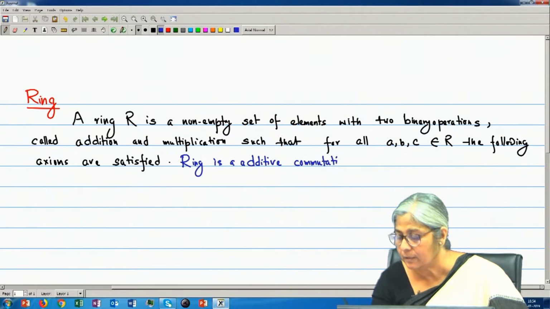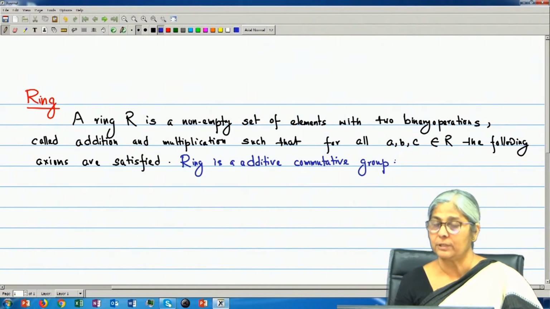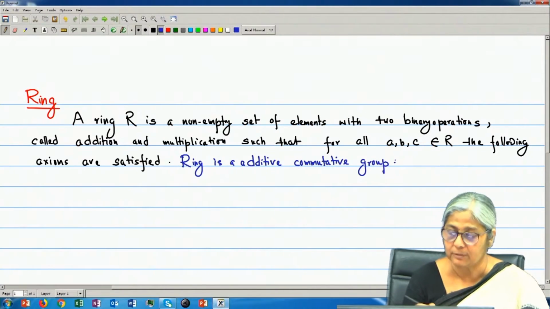Obviously, since it is a group, the properties of the group must be satisfied.